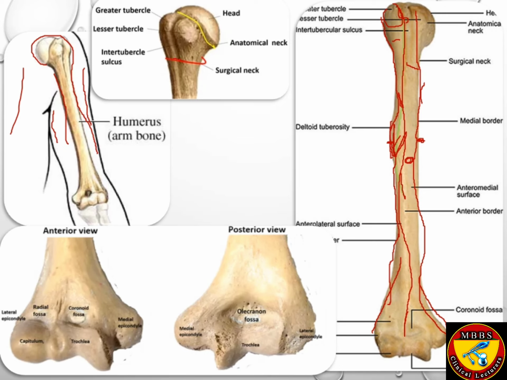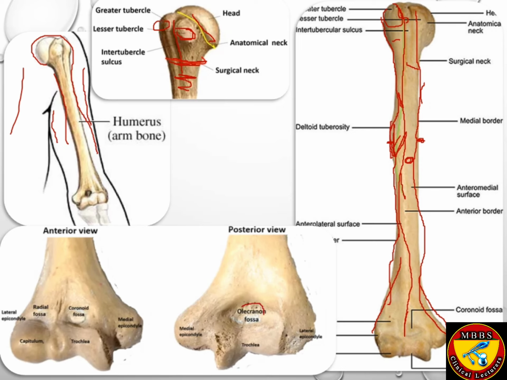Here you can see the surgical neck, this yellow is the anatomical neck, lateral tubercle, medial tubercle, lesser tubercle, greater tubercle, and intertubercular sulcus. This is the floor, this is the anterior medial surface.